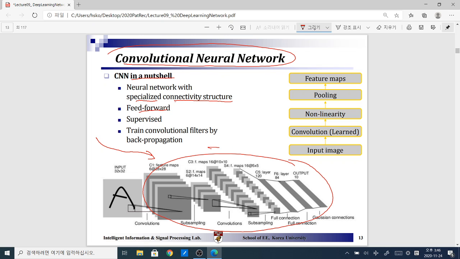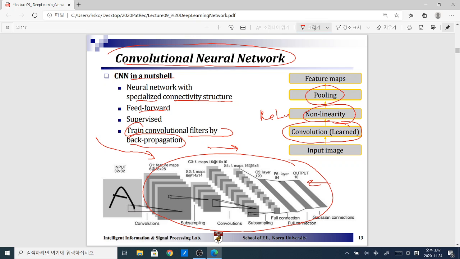It is feed forward, goes this way, and the training is done just like the artificial neural net, or the multi-layer perceptron, that we have talked about, by using backpropagation. And now it's got a specialized connectivity structure by means of having convolution, as well as some sort of nonlinearity. Typically, that would be ReLU.